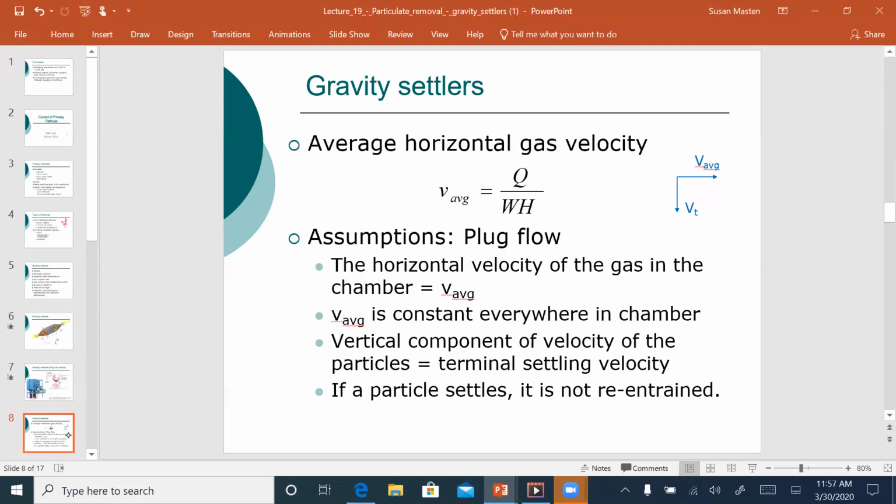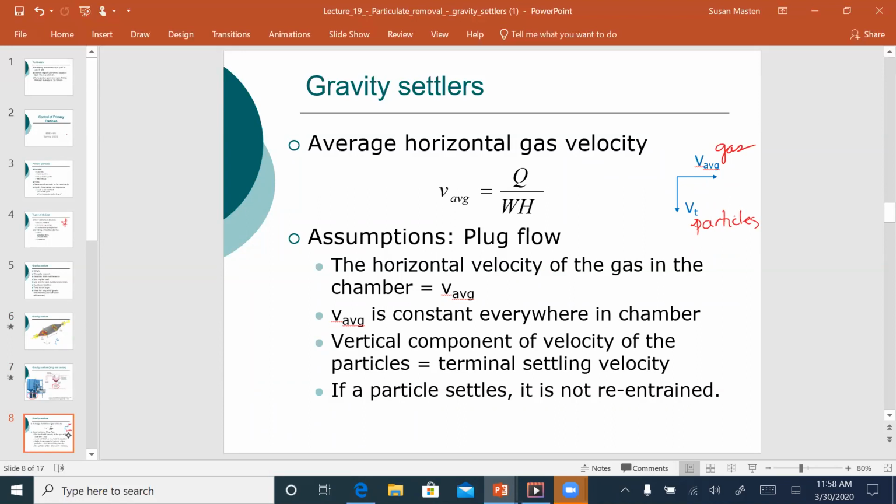We will also assume that this vertical component is the terminal settling velocity. So the difference: this pertains to the gas, and this pertains to the particles. So your terminal settling velocity is a function of the particle.